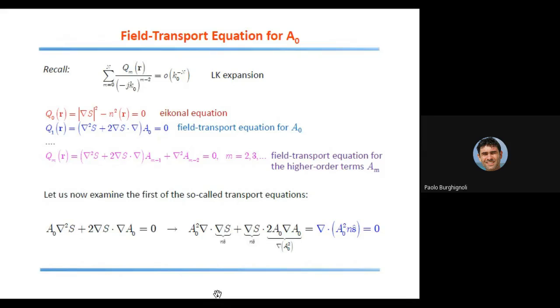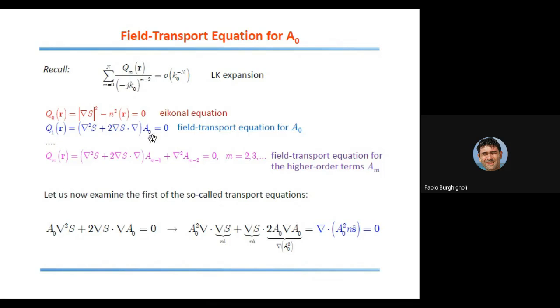Okay, so we have seen so far the consequences of the first of this infinite set of relations, the one which involves the Q0 coefficient, which tells us that the Iconal equation must be satisfied. Now we turn our attention to the next relation, which tells us that the Q1 coefficient must be equal to 0, and this is known as the field transport equation for the coefficient A0.